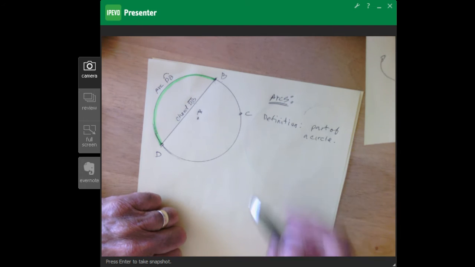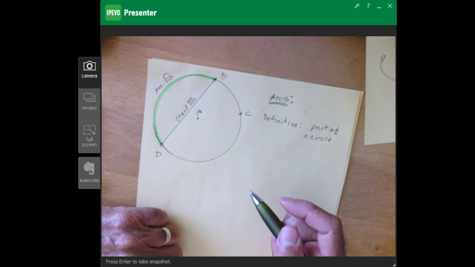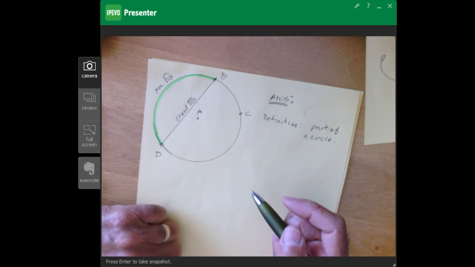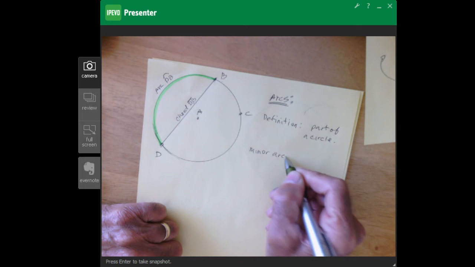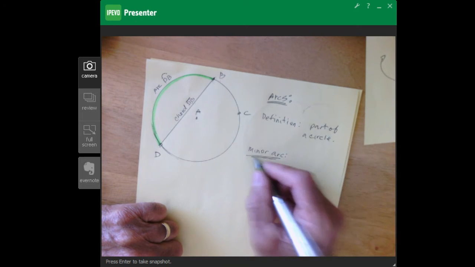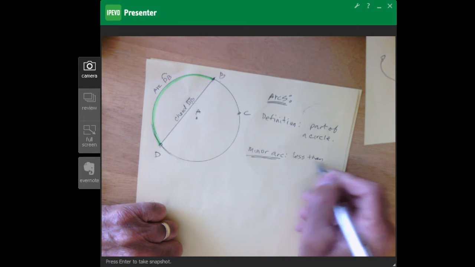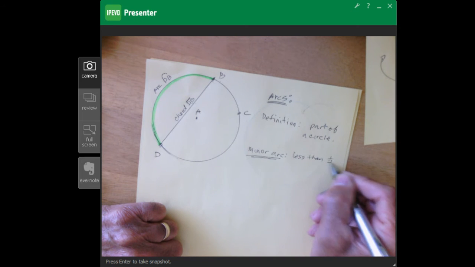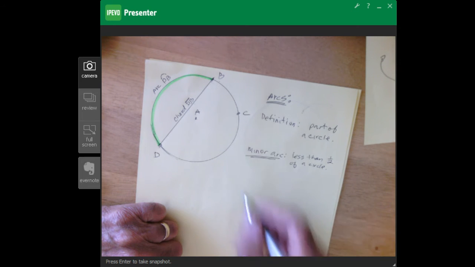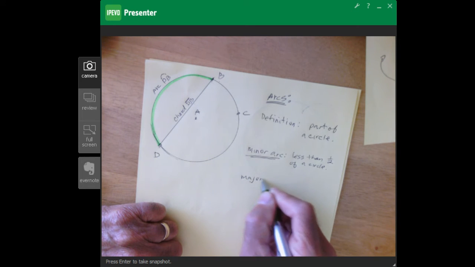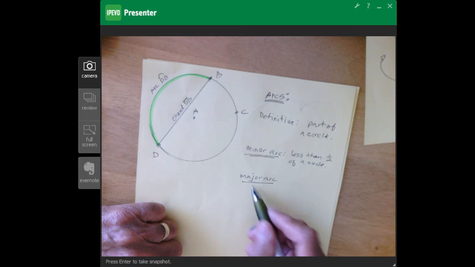Okay. Now, so that's our definition. There are going to be 3 different types of arcs that we're going to have. There's going to be a minor arc. A minor arc is less than half of a circle. A major arc, so minor is small, major is big.